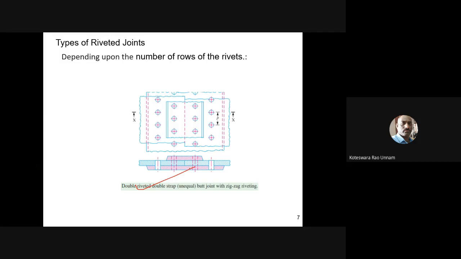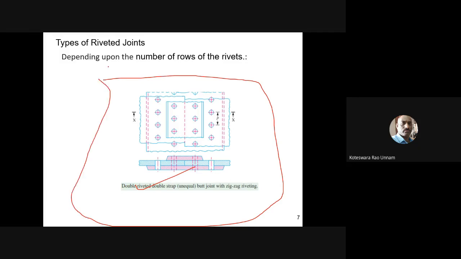In case of a butt joint, how you are arranging the cover plate, whether it is a single cover plate or two cover plates. Again, if it is two cover plates, whether the two cover plates have the same length or different, unequal length, you need to specify that. So this is the brief classification of these riveted joints.